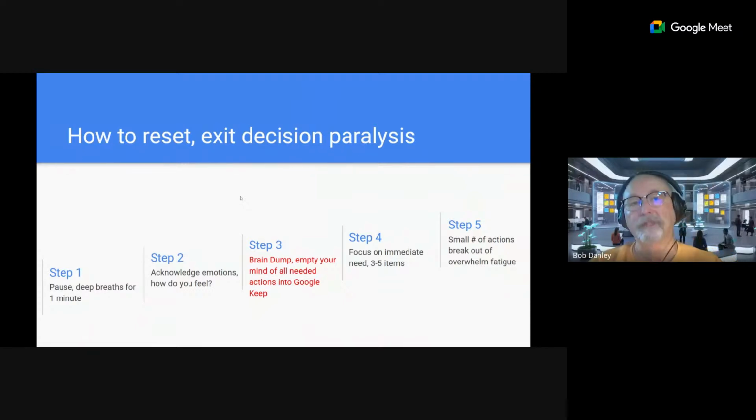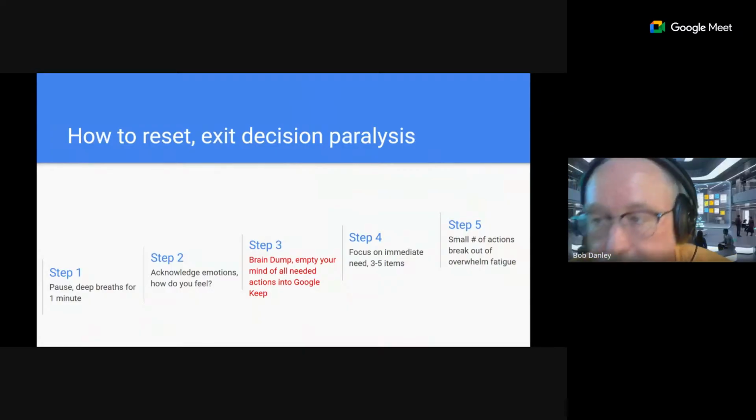So how do you reset and exit decision paralysis? Here are 5 steps. This has nothing to do with software, but pause, take deep breaths for a minute. Acknowledge your emotions. Hey, how do you feel? Oh my God, I'm up against it. I'm losing my mind.